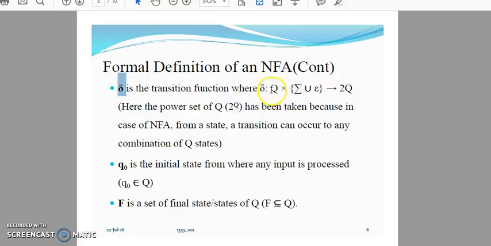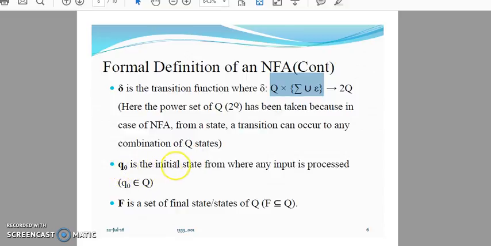Here the transition function is defined as the cross product of the finite set of states Q and sigma union epsilon, and gives rise to 2 to the power of Q. Here 2 to the power of Q represents a power set. That means there are possibilities of combinations of states in the corresponding capital Q.